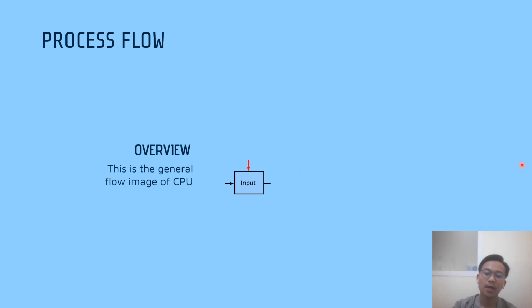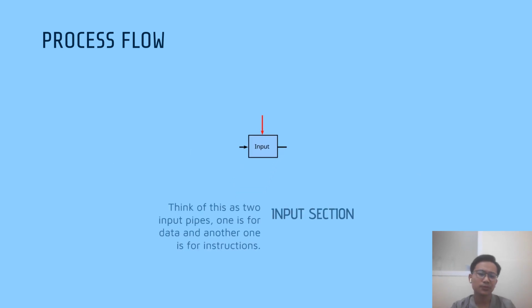So firstly, as we know, the data is inputted from the user interface, such as keyboard, mouse, or pointers. And here, think of input like two pipes. One is for data, and another one is for instruction. Both of them will be inputted in the same section, but in the input itself, it will be divided into two parts.